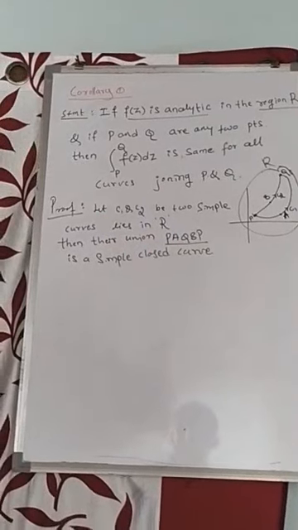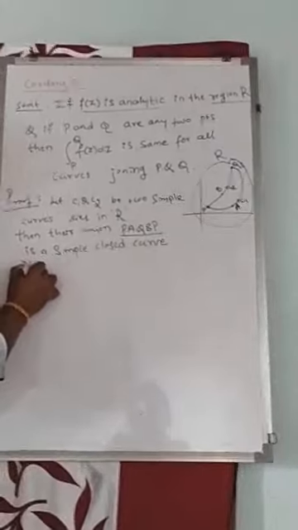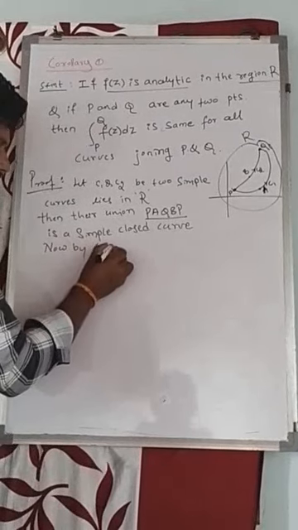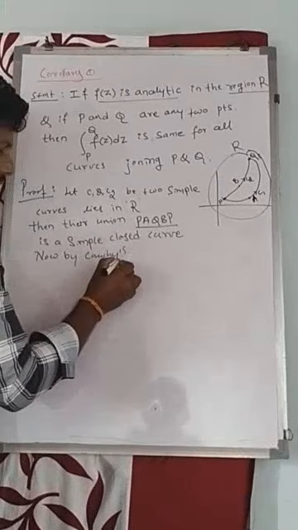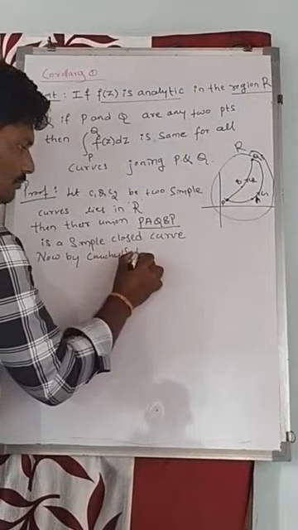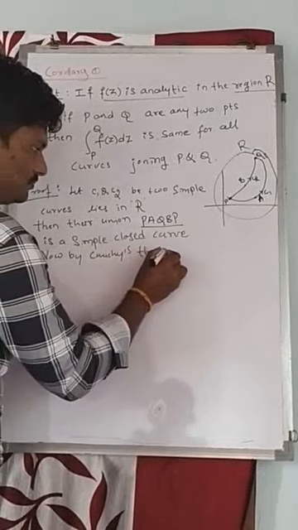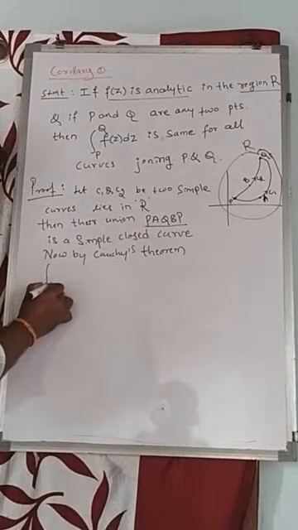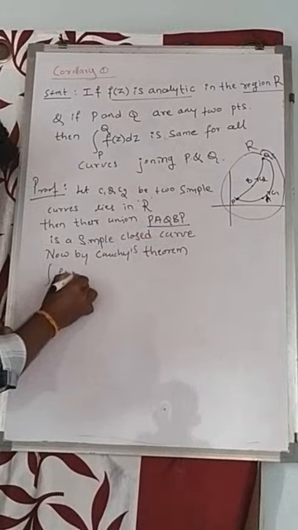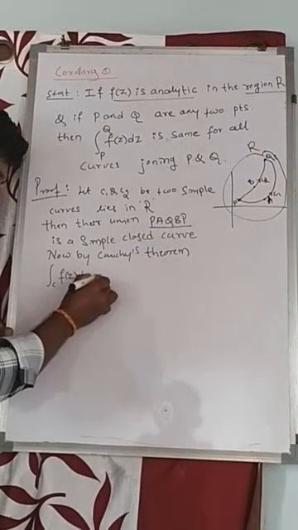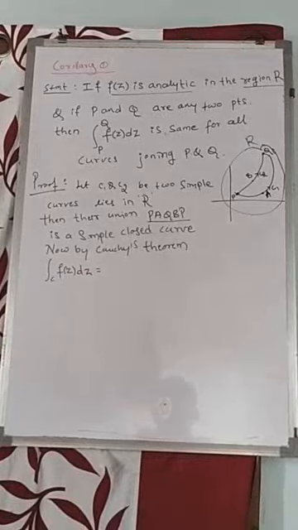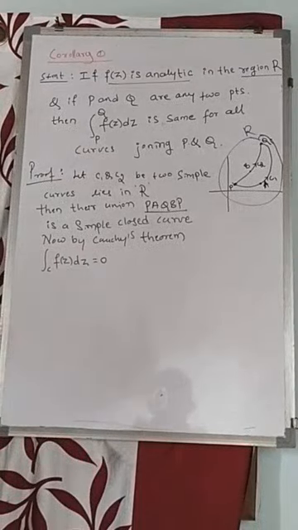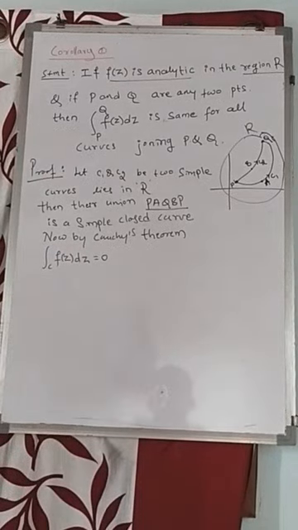Now by using Cauchy's integral theorem, the integration over C of f of z dz equals 0. This is Cauchy's theorem.